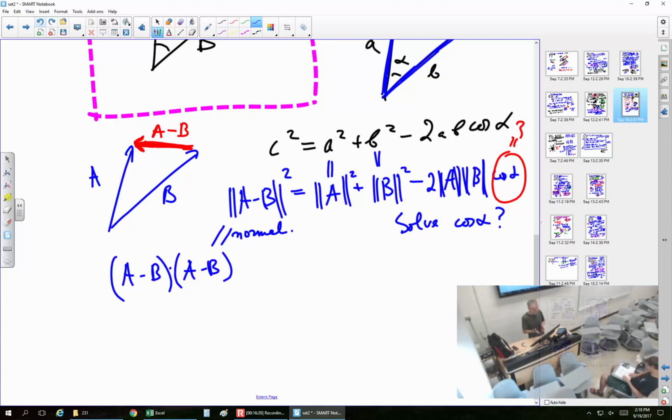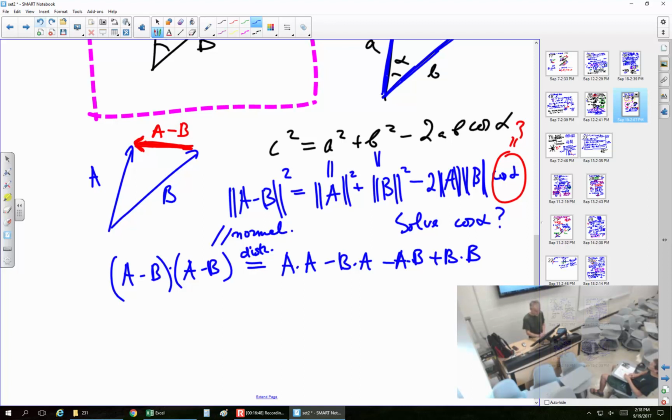Okay, now, as I promised, I want to simplify, so I'm going to be using the distributive property, as if these are just numbers. So let's write it out. I'll have a dot a minus b dot a minus a dot b plus b dot b.